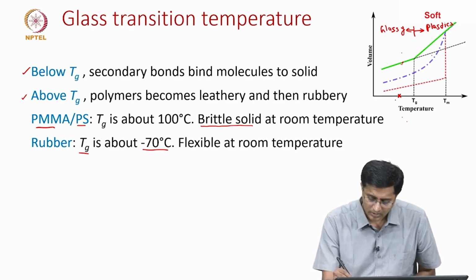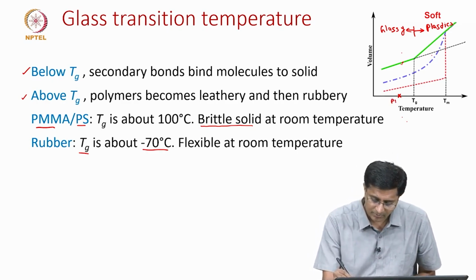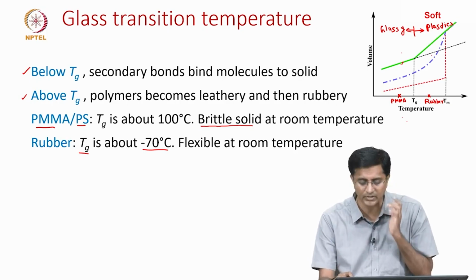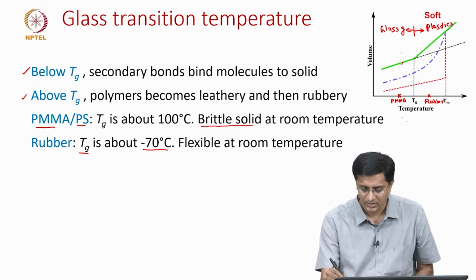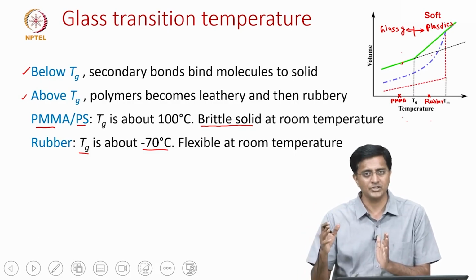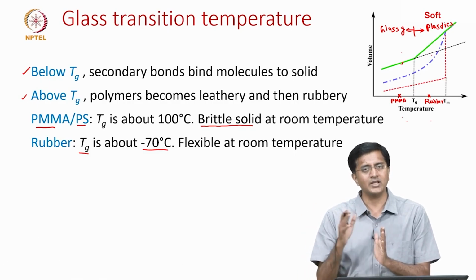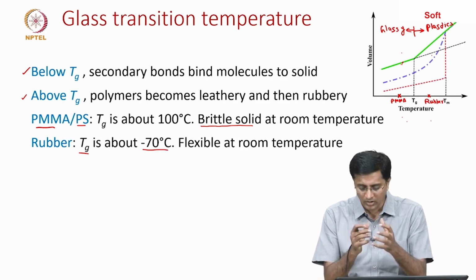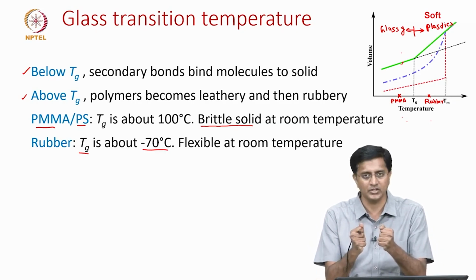Previously we said PMMA is around here, and for rubber maybe we are somewhere here. I am just showing where room temperature is with respect to the glass transition temperature. Since for rubber we are above the glass transition temperature, we already know there are no secondary bonds, so there is nothing binding the polymer chains together.